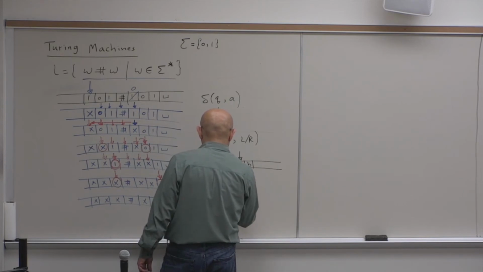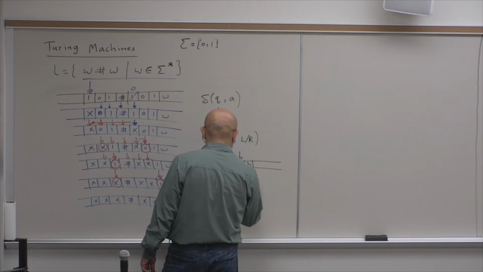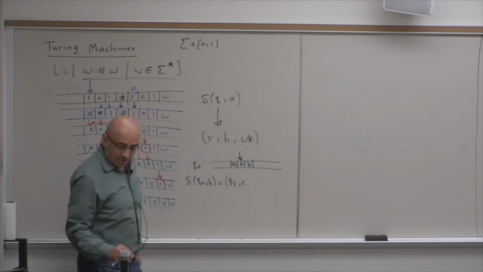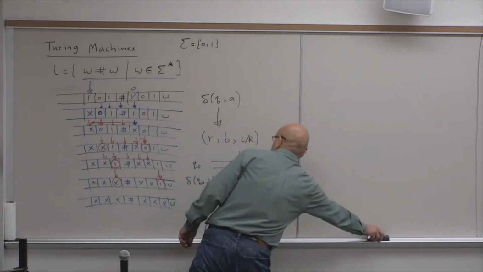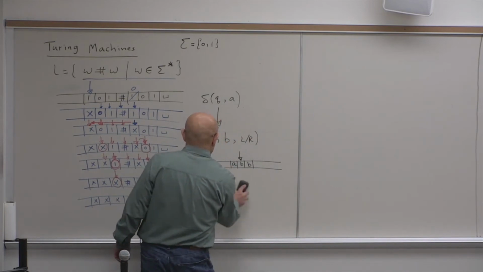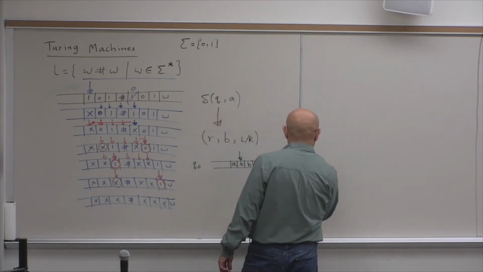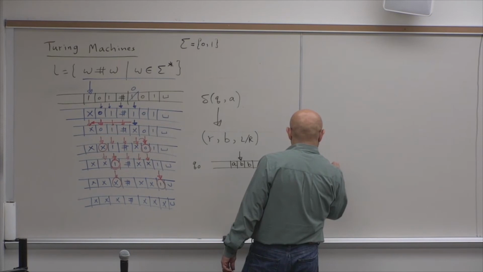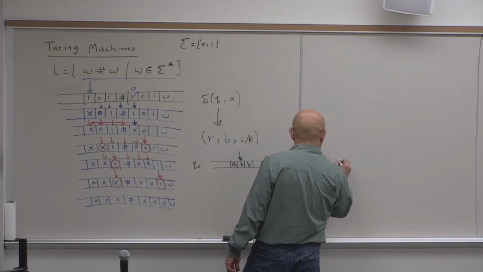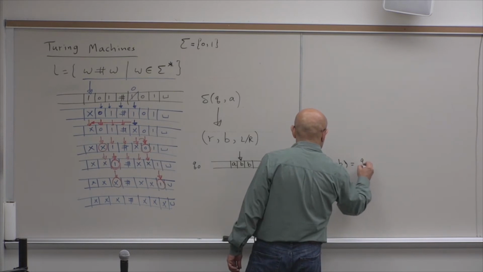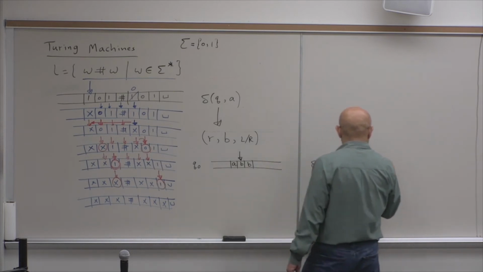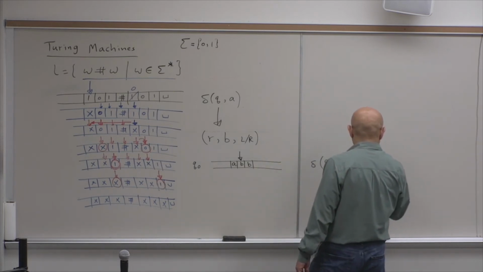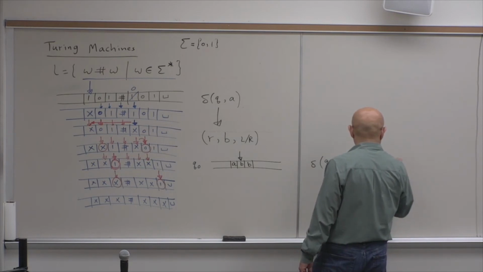say, Q5 and C, or let's not put it here. Let's say delta of Q0 and B equals Q5, C, and right.